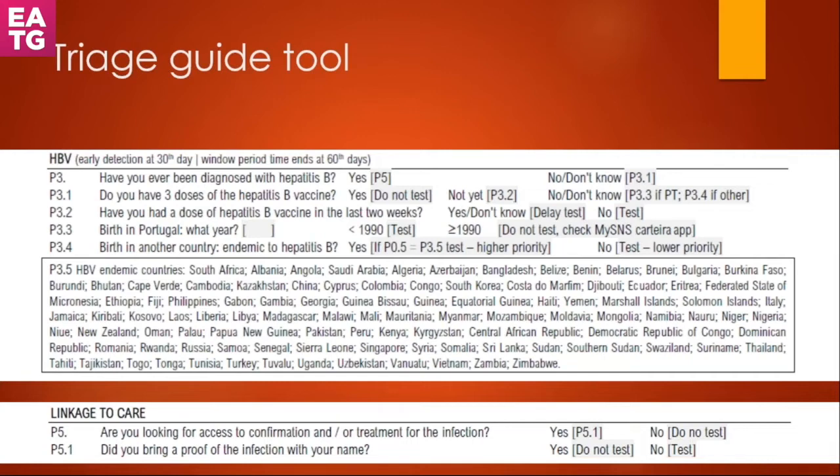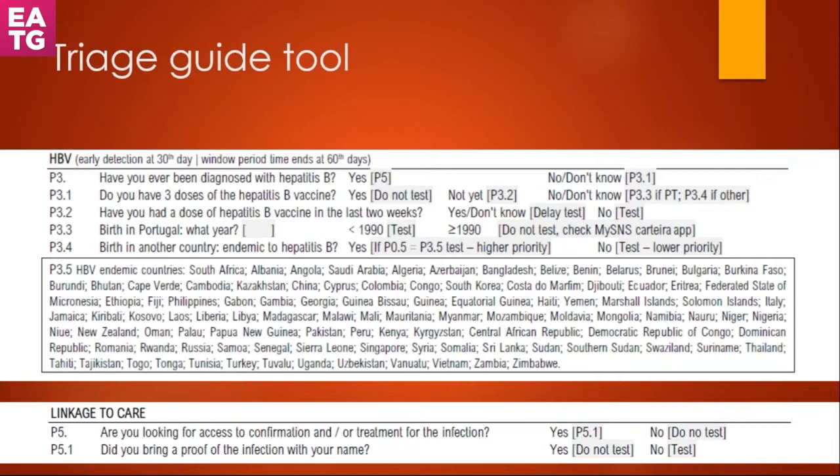Do you have 3 doses of hepatitis B vaccine? If yes, there's no need to test. If not yet, because they are starting the vaccines but have not yet completed them, we ask, have you had a dose of hepatitis vaccine in the last 2 weeks? If they say yes, or I don't know, we should delay the testing at least for 2 weeks, or else the test will be positive because of the vaccine. If they say no, then we proceed to testing.